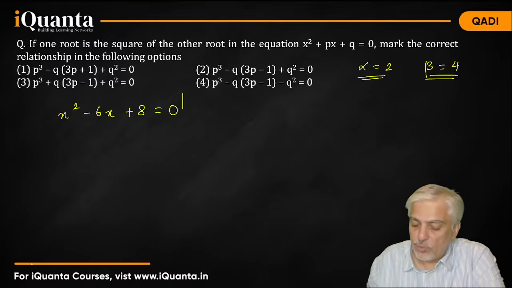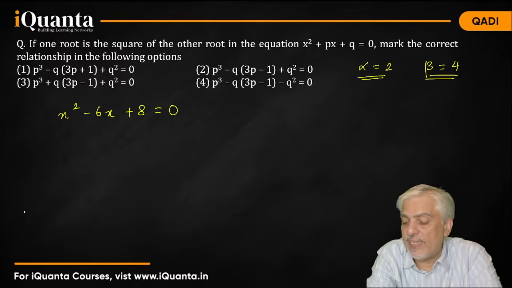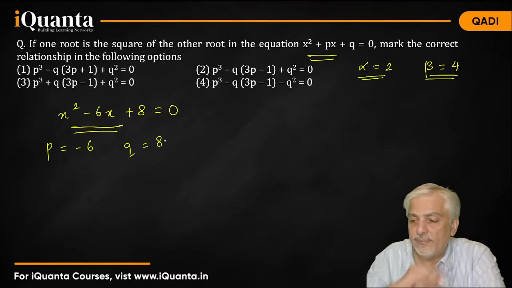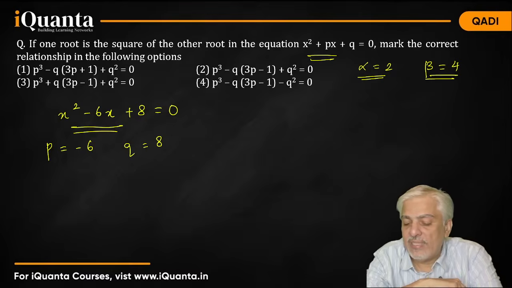Yes, exactly, Parish, what I've been explaining. Pay attention. If I compare this with my original equation, I will get P is minus 6 and Q is 8.